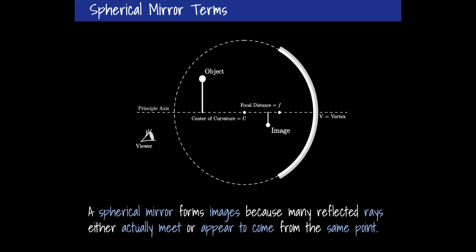Halfway between the vertex and the center of curvature is a very special point called the focal distance of the mirror. Now, it's halfway between the center of curvature and the mirror itself. That seems a little bit arbitrary, but it has a very important special property, and it's critical to understanding the way that the mirror is going to behave.